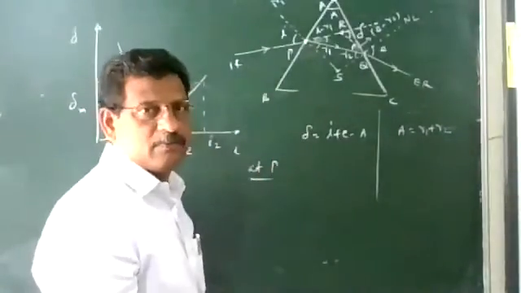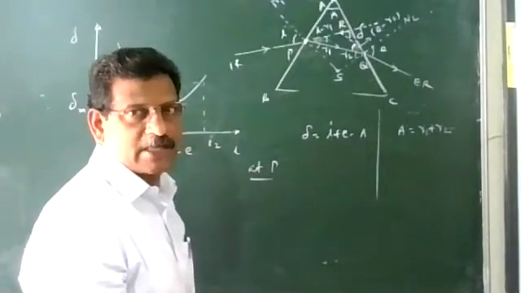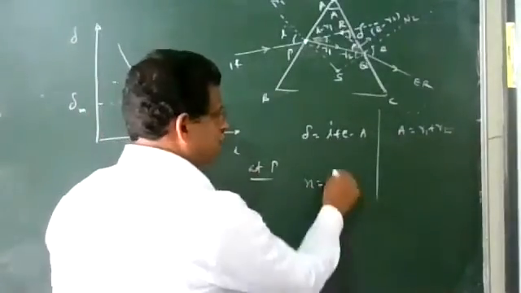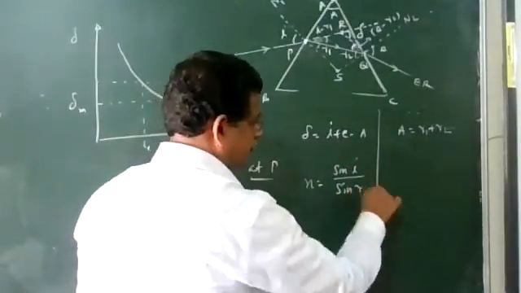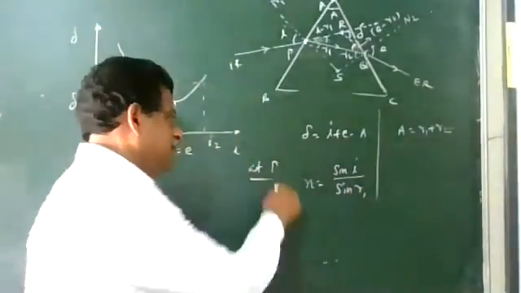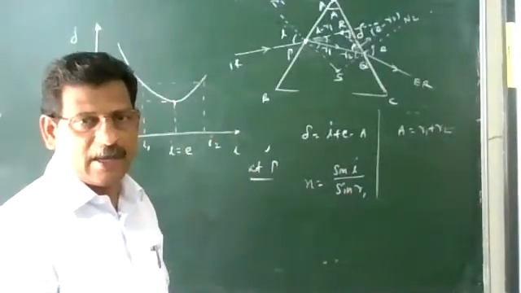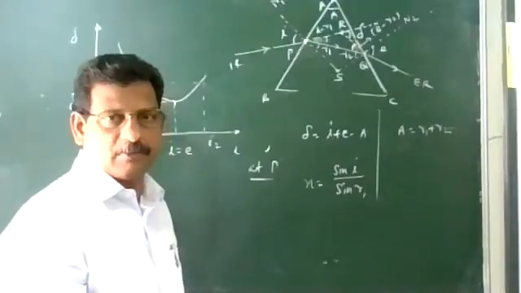Snell's law relates the refractive index with the angle of incidence and the angle of refraction at the point P. So the refractive index of the prism is equal to sine of the angle of incidence divided by sine of the angle of refraction. This is at P1. If you know the values of I and R1, you can find the refractive index.